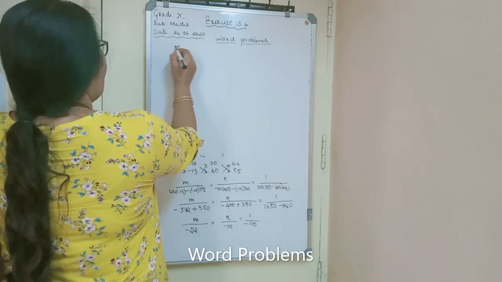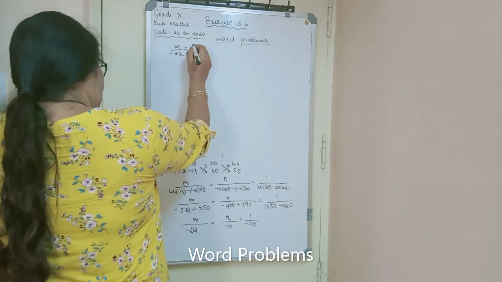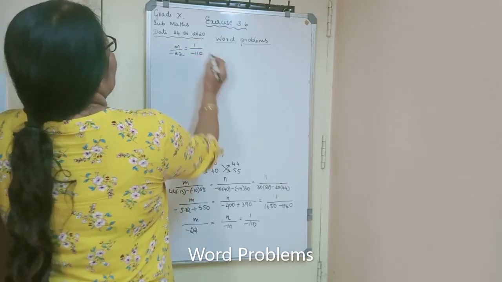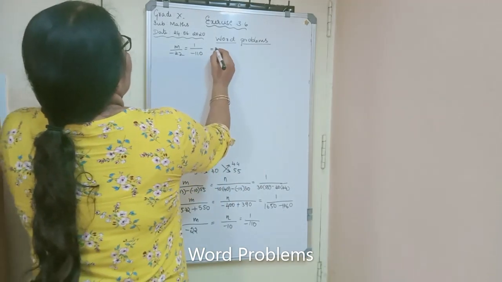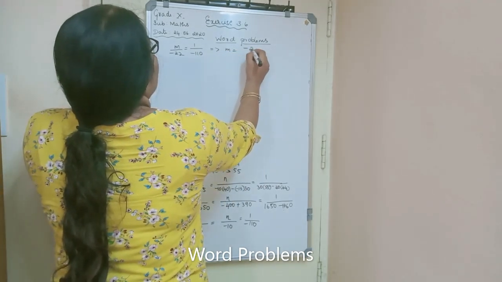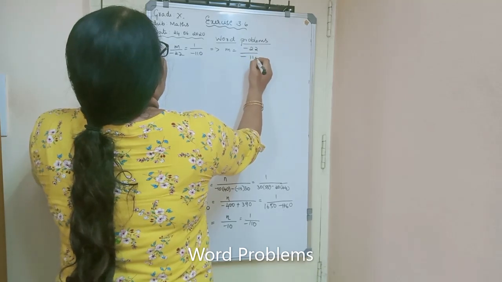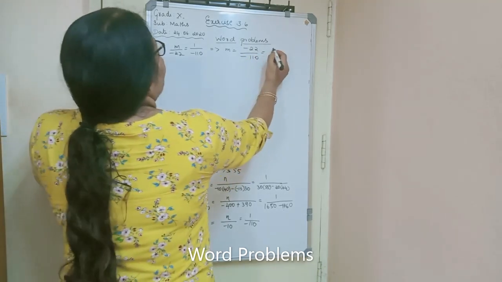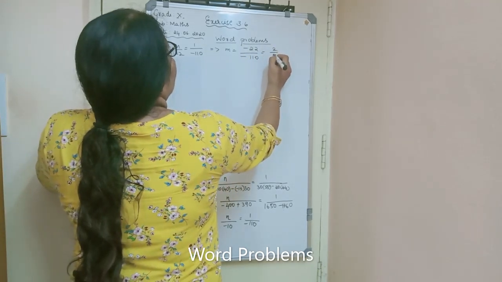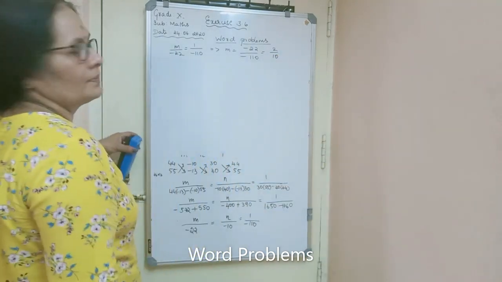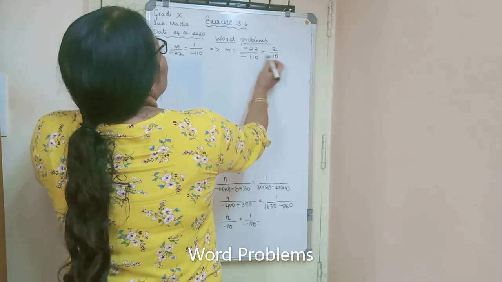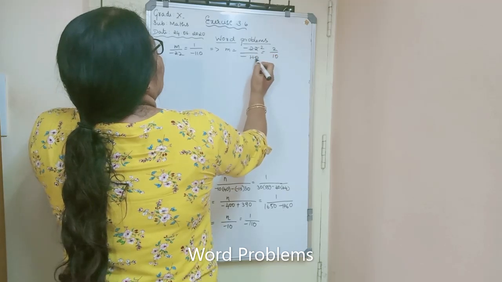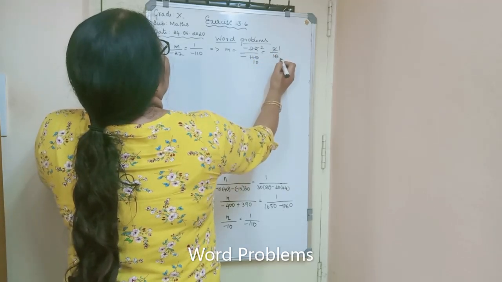Then m by minus 22 equals to 1 upon minus 110. So m equals to minus 22 by minus 110. So 11 2s are 22, 11 1s are 11, 2 1s are 2, 5s are 10.